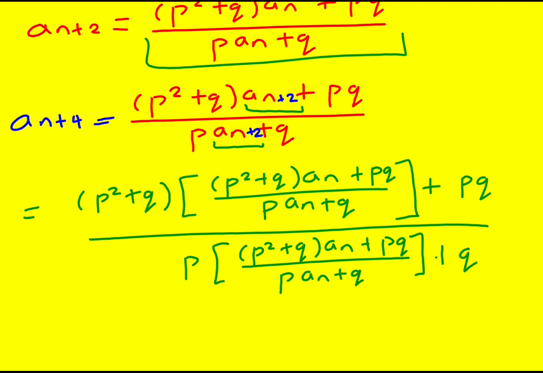Okay, now straight away I can multiply through by p a_n plus q because I really don't want that on the denominator. So this is gone, and it ends up over here. We're just multiplying top and bottom by this p a_n plus q.